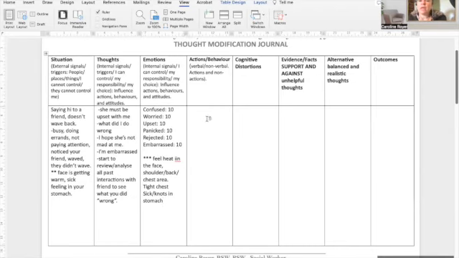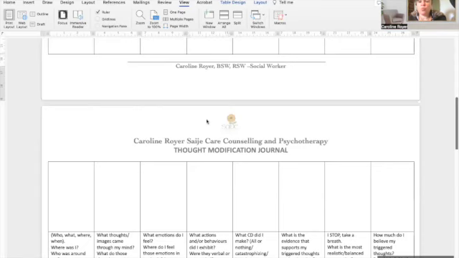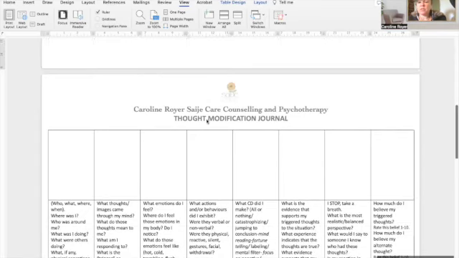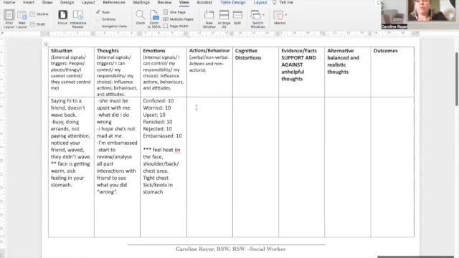So then we're looking at the actions and the behaviors, right? What actions and behaviors did I exhibit? Were they verbal? Were they nonverbal? Reactive, silent, facial, withdrawal. In situations like this, what I see often is retreat within. They retreat, withdraw. I guess they're both the same.